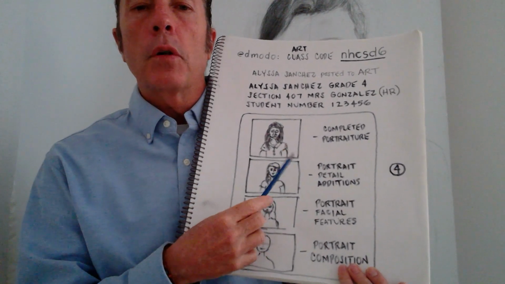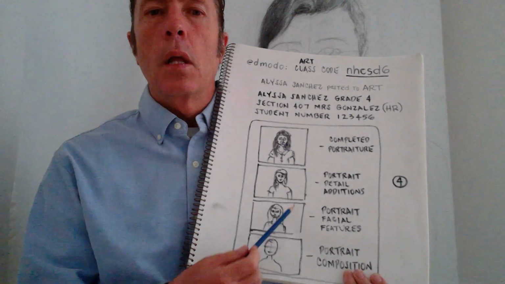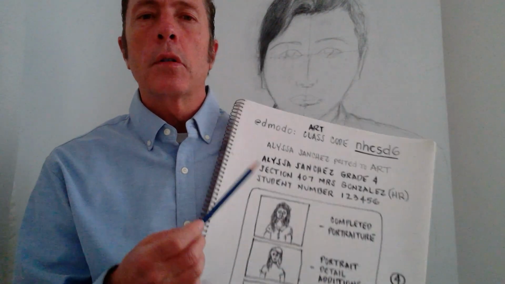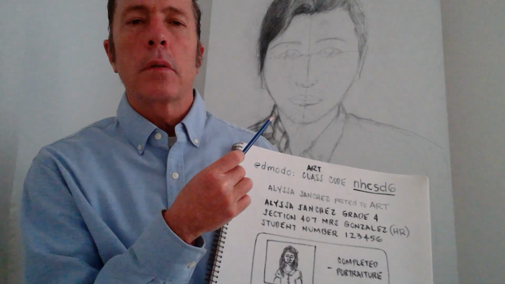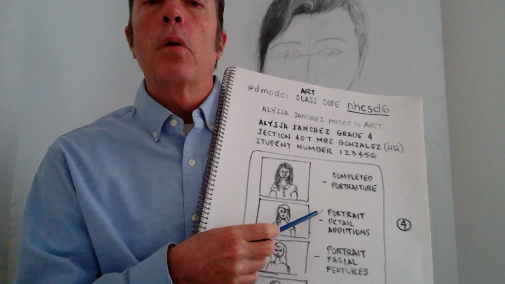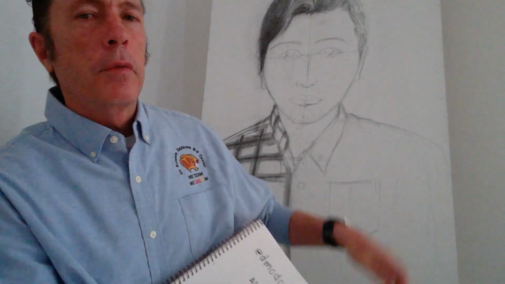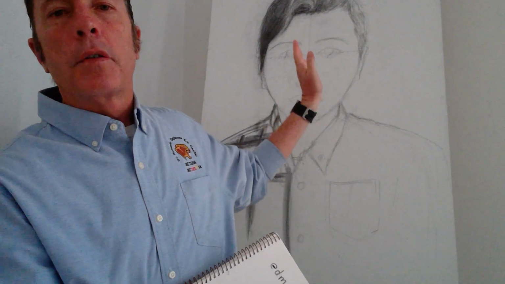And the 4 photos are going to be inclusive of the portrait composition, which there's a video on, the portrait facial features, which is the video previous to this one. Then there's going to be the portrait detail additions, which is, as you see, I'm in the middle of working on here, the hair of the subject matter and the shirt and so forth.